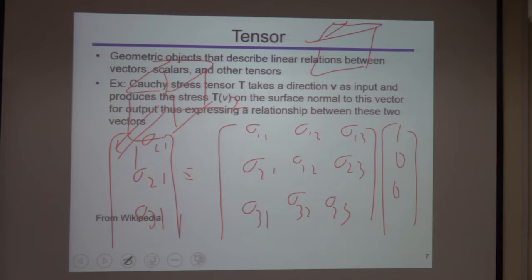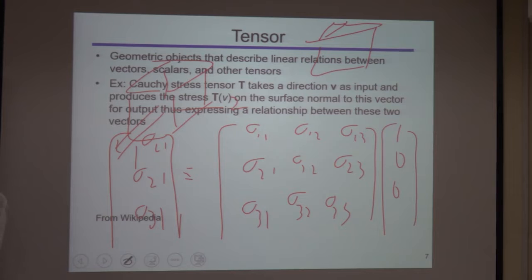So we can use sigma to represent shear stress, but sigma 1,1, sigma 2,2, sigma 3,3 are normal stress. Sigma 1,2, sigma 1,3, 2,3, 2,1, 3,1, 3,2 are shear stress. You can also use tau.